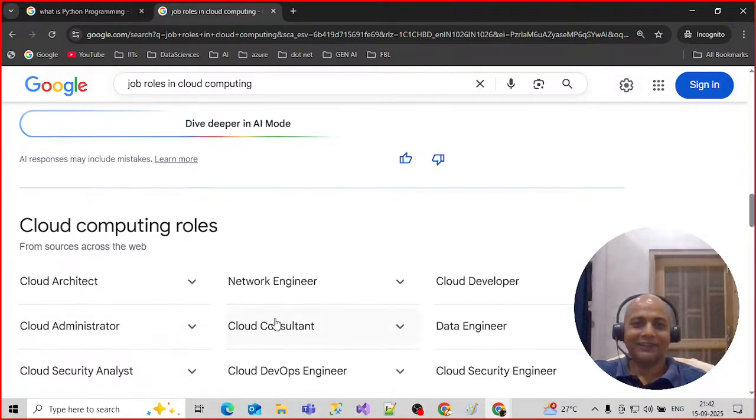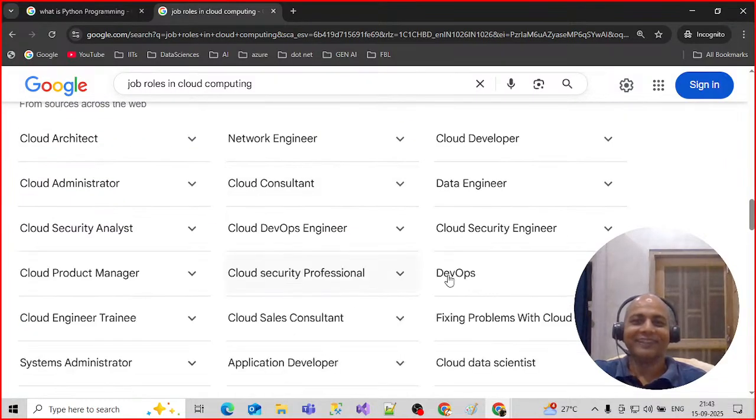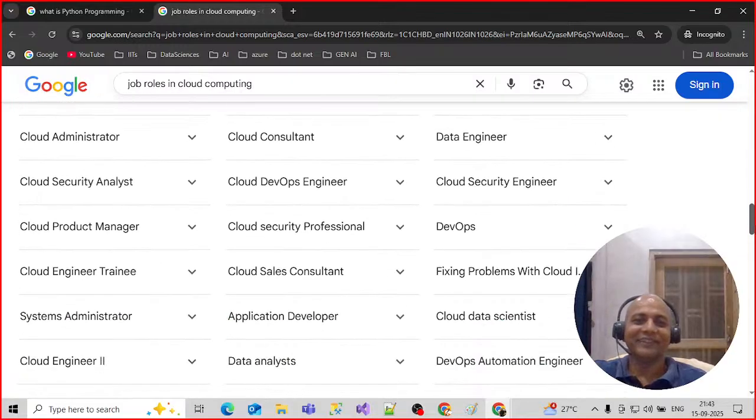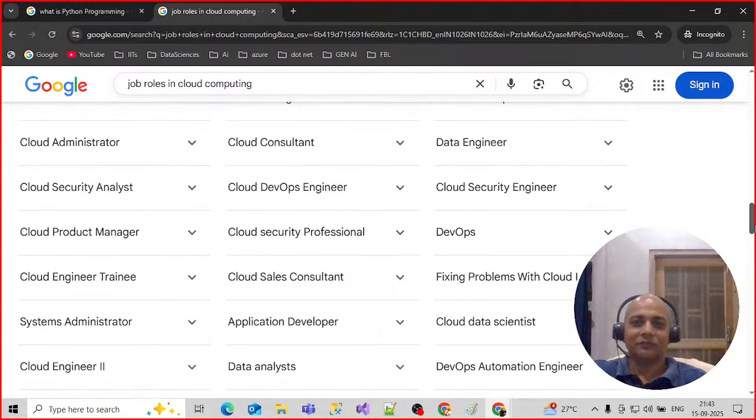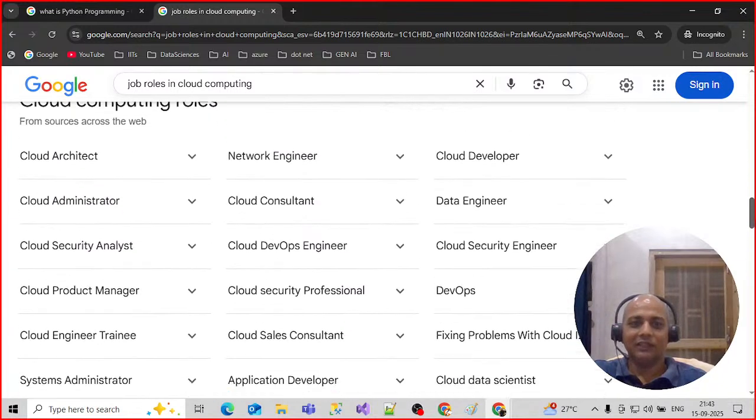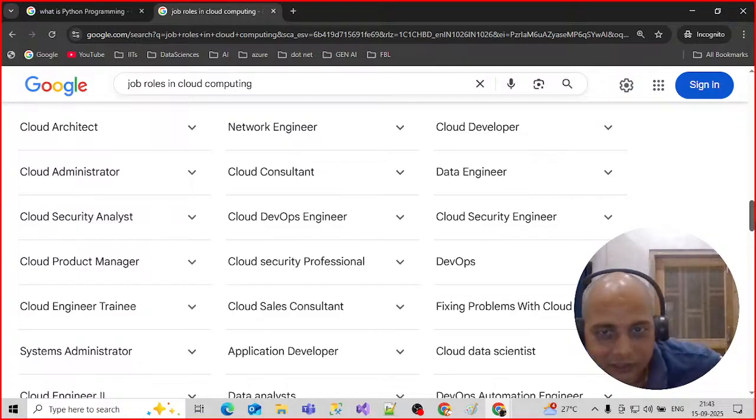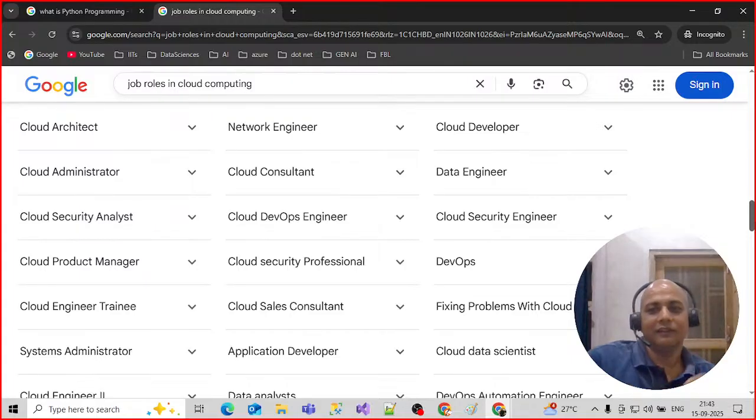See how many roles are related to cloud technologies. Every job role needs a specific skill set, not everything, like cloud data scientist.